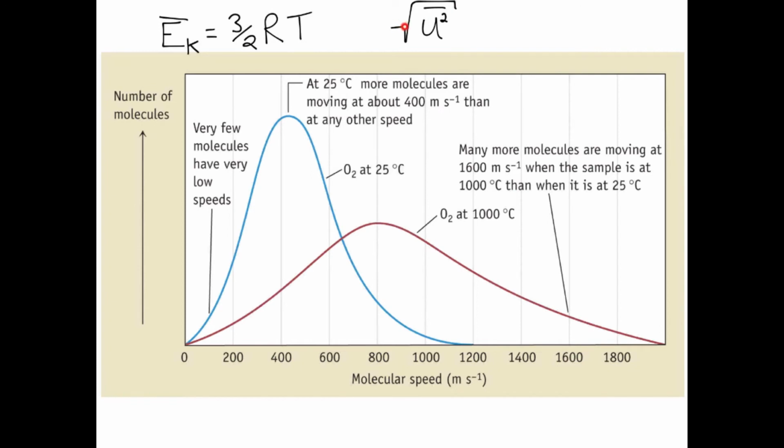So this is where we get the root mean square phrase in this particular expression. I'm using the symbol u here to represent molecular speed, and it's expressed as the square root of 3 times R times T over m, where m is the molecular mass in this particular case.